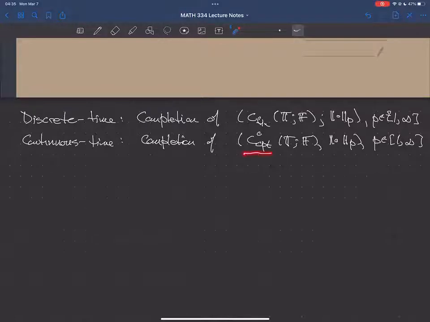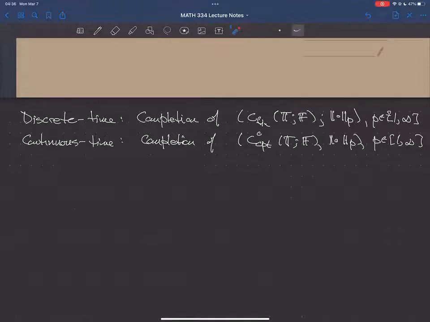Here, the completions, particularly in the p less than infinity case, were more difficult to come up with, but we have those things now. And again, that gives us a large class of signals to talk about. For example, we will talk about all of these kinds of things, both discrete and continuous time, when we talk about Fourier transforms.